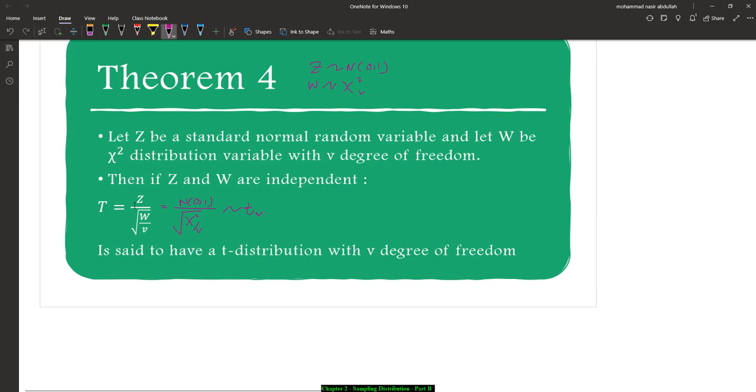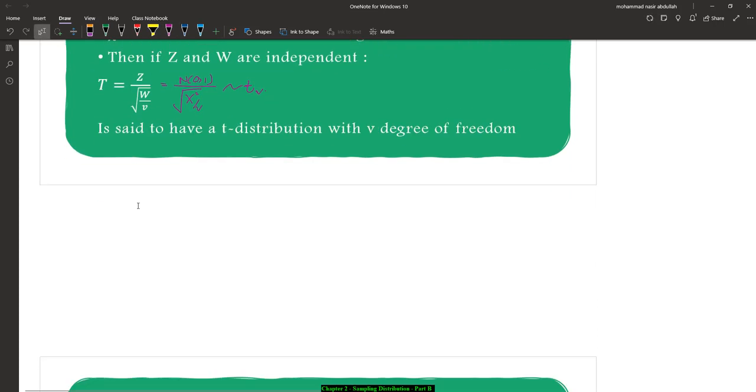So let's say we know that T is having Z over square root of W over V. So we know that Z is a standard normal distribution. So X bar minus mu divided by sigma over square root of N. Right?